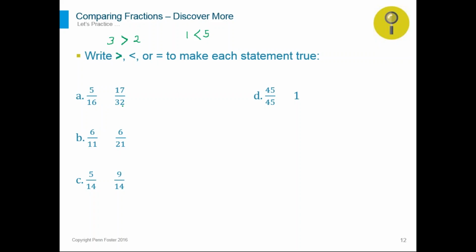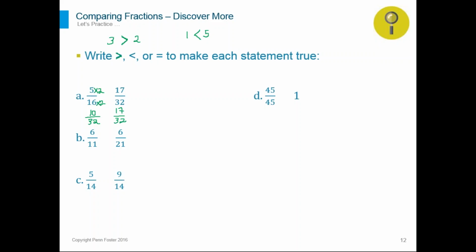Well, I see 16 and 32, and I know that 16 times 2 will give me 32. And of course, I have to multiply on the top times the same number. So 5 times 2 is 10. 16 times 2 is 32. This is what I want. And then I still have 17 over 32. Why did I choose 2?